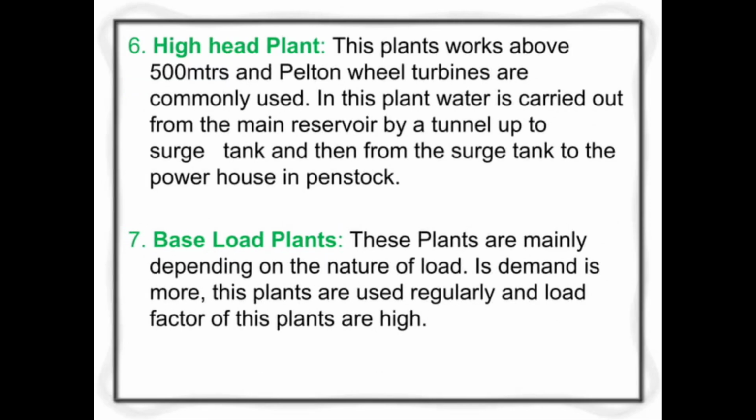High head plant. This plant works above 500 meters, and for this purpose Pelton wheel turbines are commonly used. In this plant, water is carried from the main reservoir by a tunnel up to the surge tank and then from the surge tank to the powerhouse in penstock in order to increase the kinetic energy of the water.